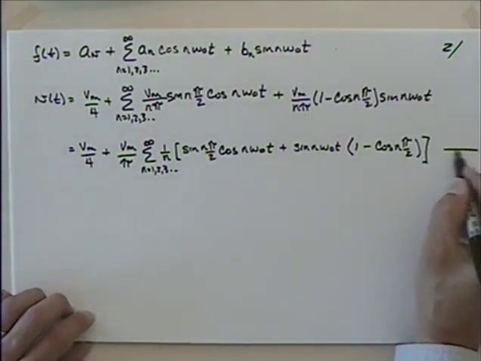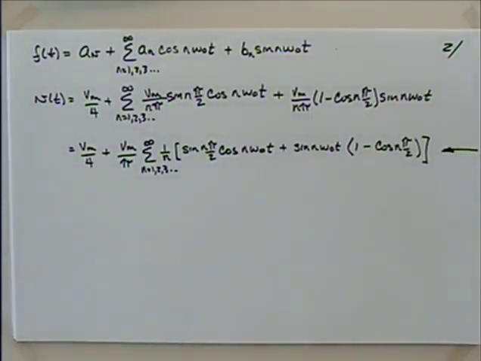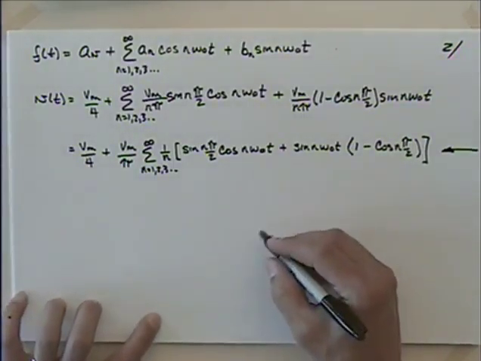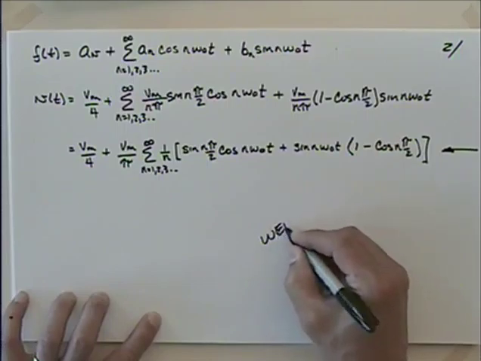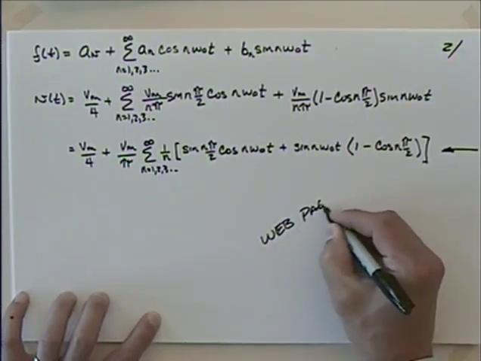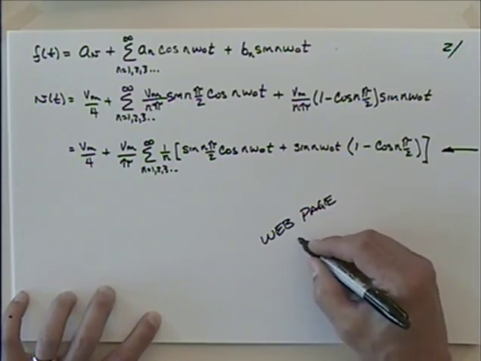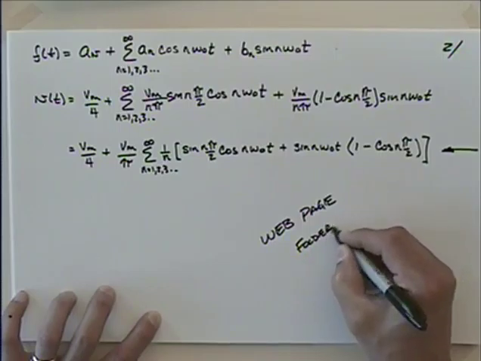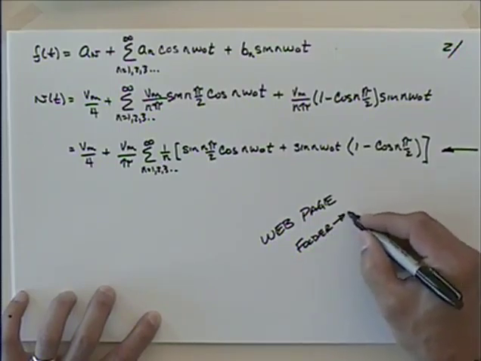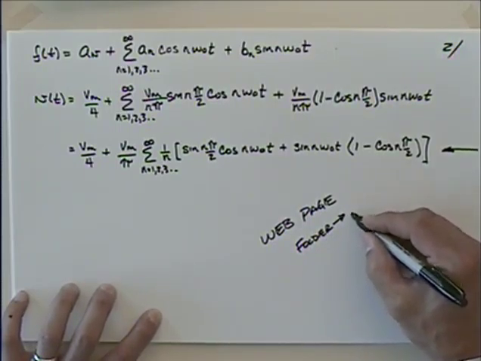So the expressions can get kind of ugly. Let's see how that one works. If you go to the web page, and then I think the subfolder is the Fourier demo.